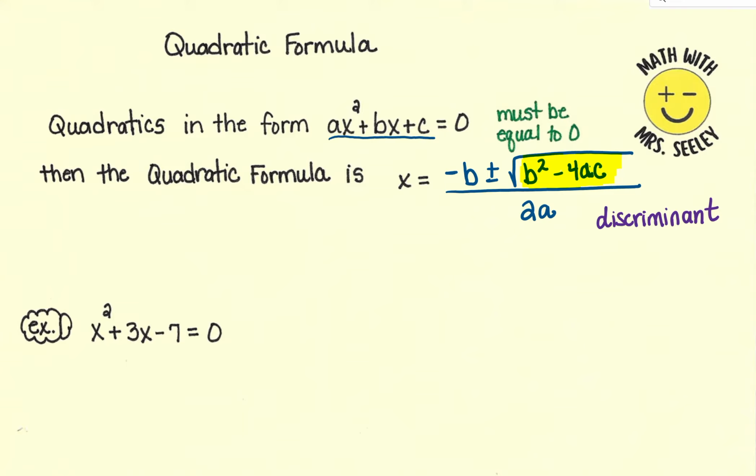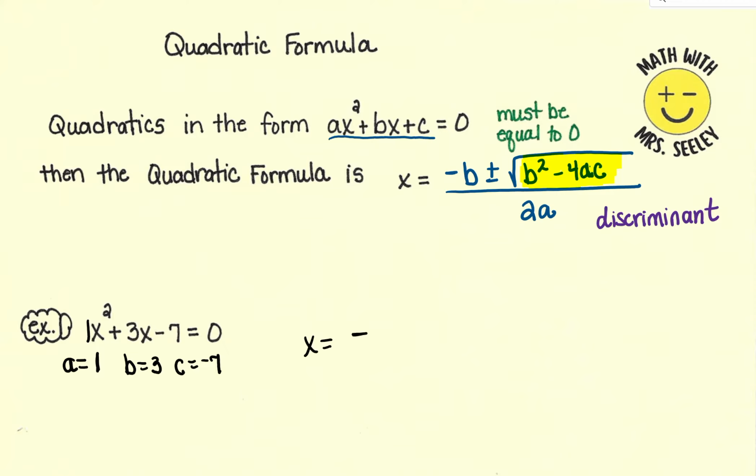We can see in this first problem it's in the right form and it's set equal to 0. If you want to, you can say that your a value is 1 because that's the understood 1. Your b value is 3 and your c value is negative 7. Then we're going to plug into our formula to solve for x.